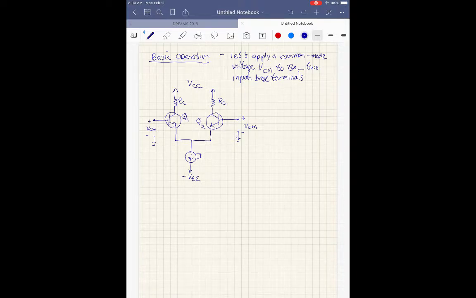We got to do a little recall here. There's a few things we want to remember from last semester. Let's say recall from chapter 6, page 310, I think it is. Alpha is beta over beta plus 1. Remember beta? Alpha is a constant close to 1, and it's the common base current gain.